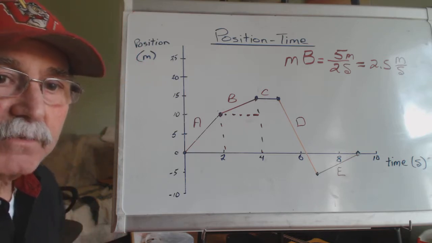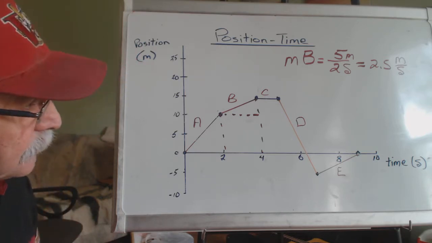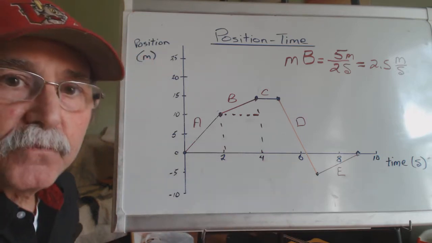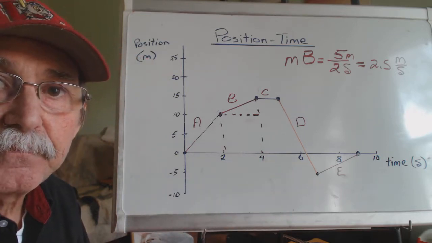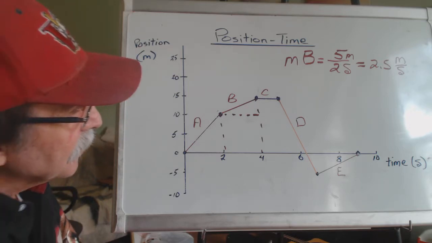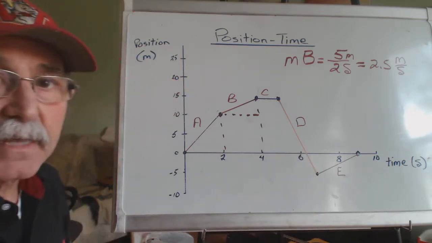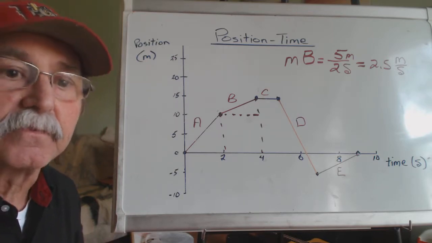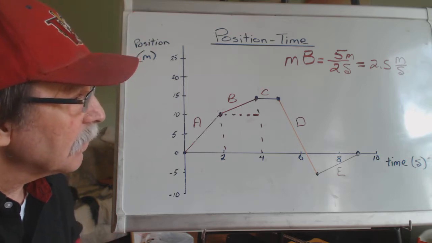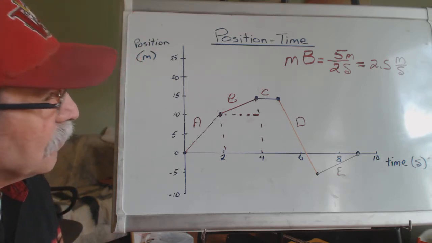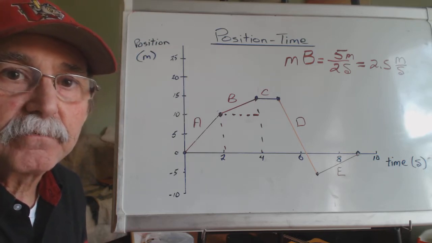I could also ask you questions like, what interval was the object moving the fastest? Well, the object was obviously moving the fastest in D, because that's where the magnitude of slope is the greatest. What interval was the particle moving forward?